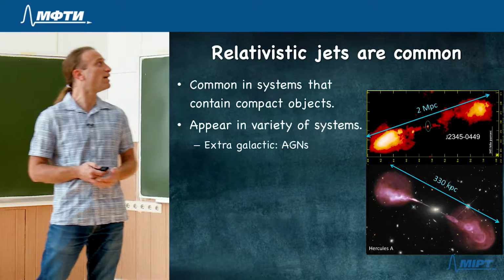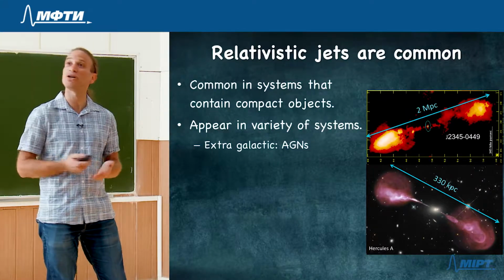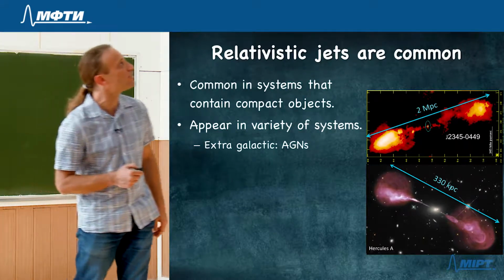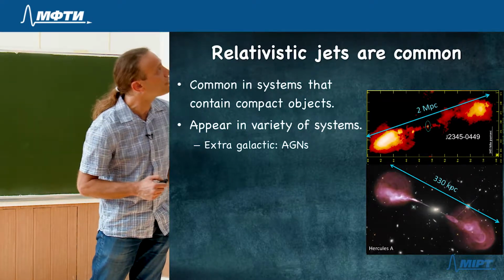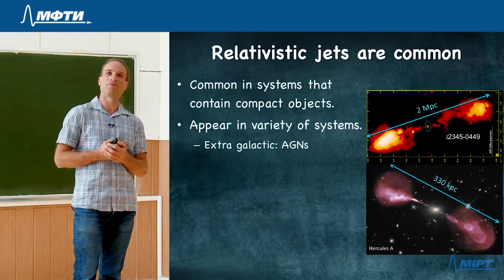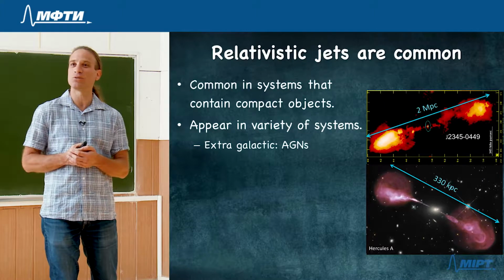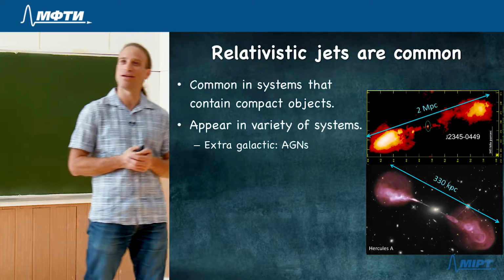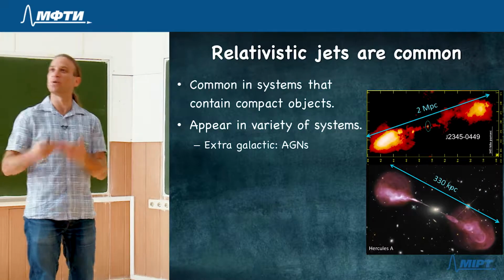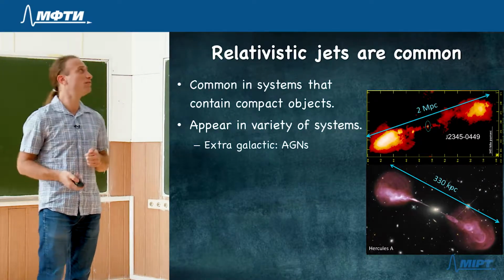They range in size from tens of kiloparsecs to hundreds of kiloparsecs and even megaparsecs. You don't see this jet fully. Its length is about 2 megaparsecs, which is more than the distance between us and the Andromeda galaxy. This is a single jet that ranges from here all the way to the Andromeda galaxy, or even more.